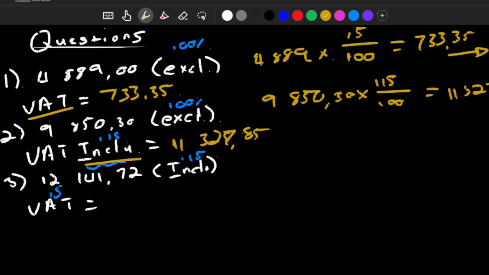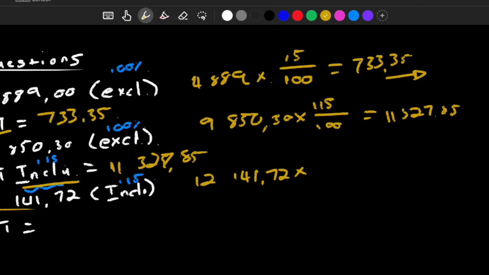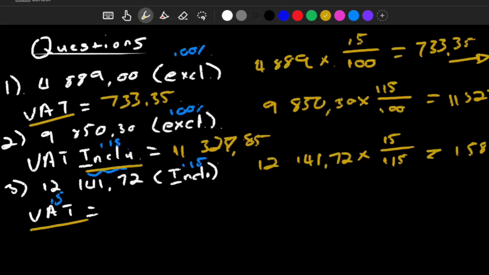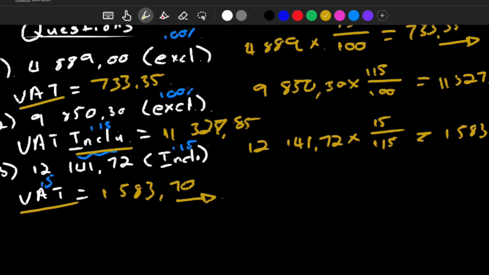So putting that in a formula, we're going to say 12,141.72 multiplied by our unknown 15% VAT, 15 over, what is our known? 115. Put that in our calculator. What do we get? 1,583 rand and 70 cents. 1,583.70. That is our answer, right?